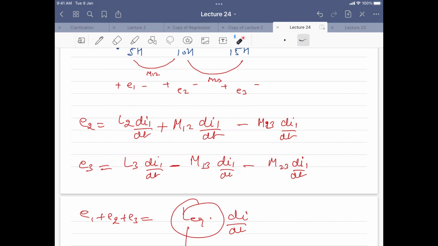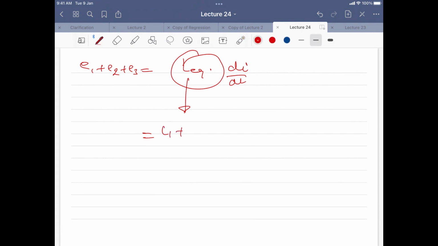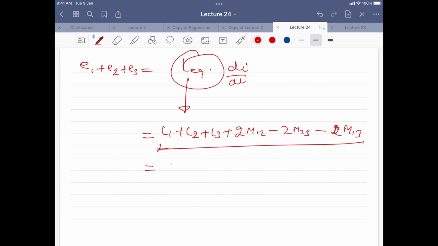Calculating, you get L1 plus L2 plus L3 plus 2M12 minus 2M23 minus 2M13, which gives you 26 henries. This is the equivalent inductance.